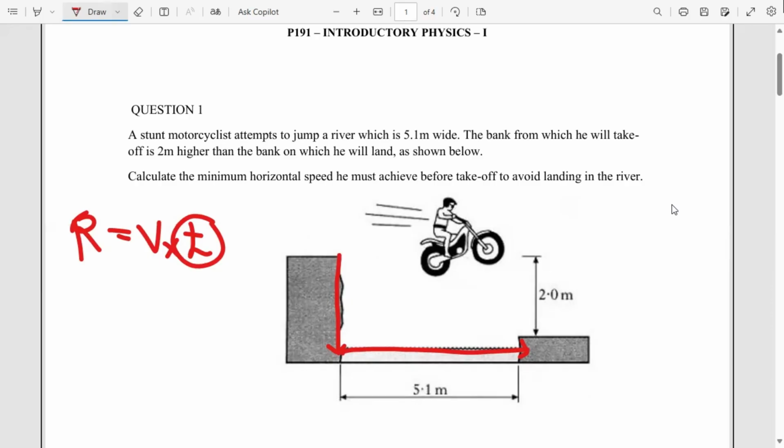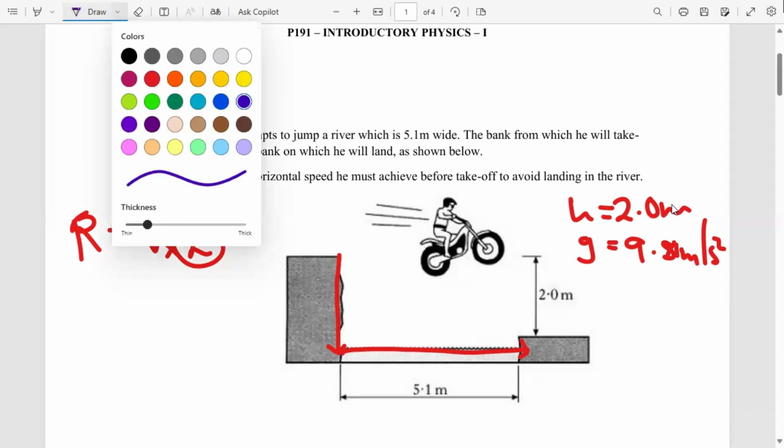So in the vertical axis, we have displacement, height, which is equal to 2.0 meters. We have the acceleration due to gravity, which is equal to 9.81 meters per second squared. What else do we have? We have initial velocity. Since when jumping, he's going to start his motion, just at the point of starting, the motion will only be in the horizontal axis.